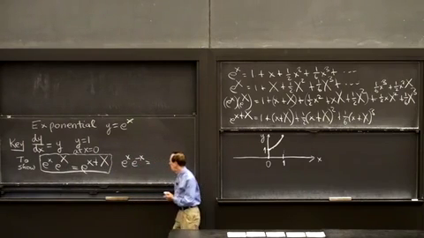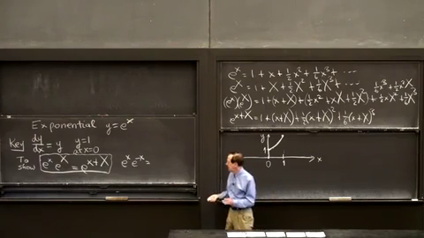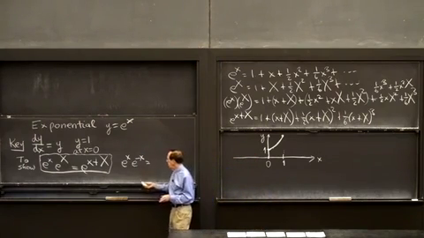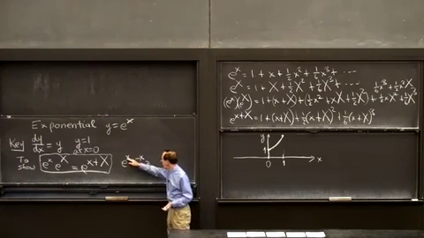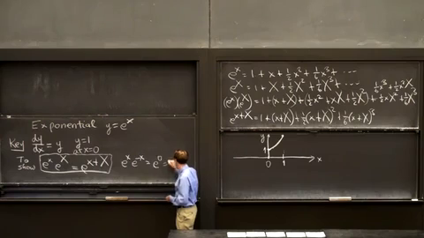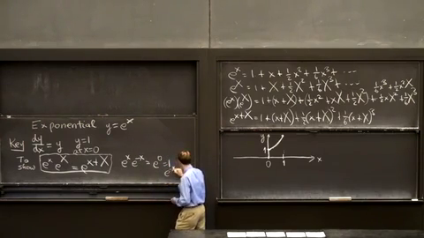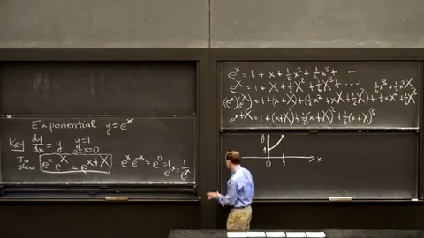What does that equal? If I multiply e to the x times e to the minus x, as usual, I'm supposed to add these exponents. I get 0, so I get e to the 0, which is 1. In other words, e to the minus x is 1 over e to the x, which we fully expected.